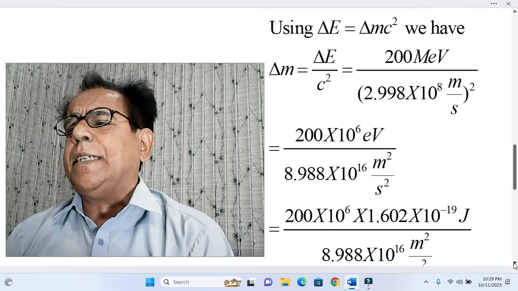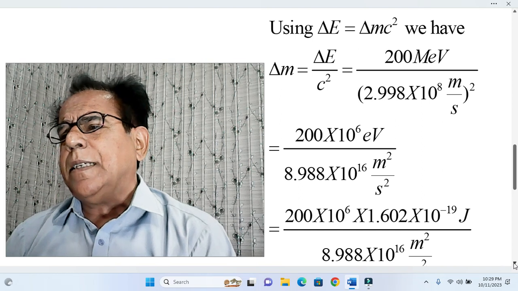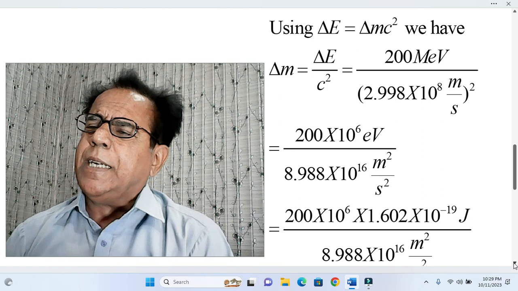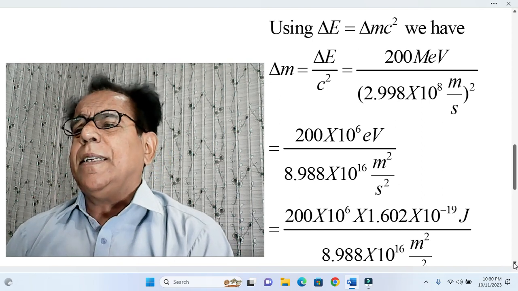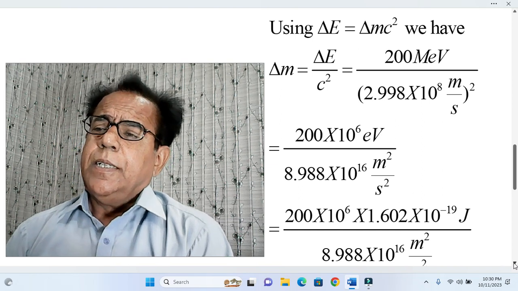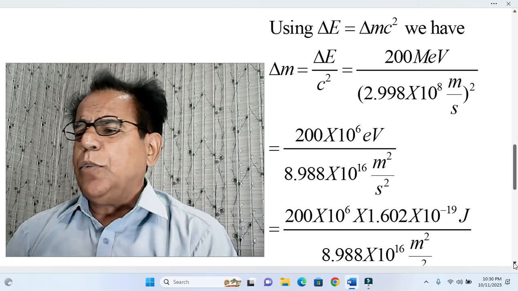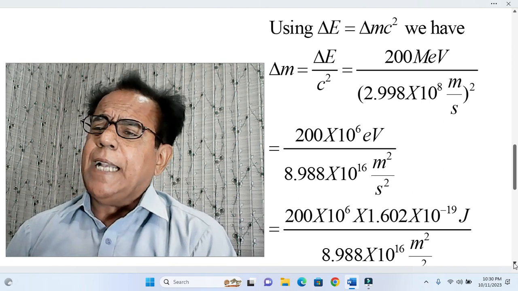Sometimes we take it as 3.0 into 10 raised to the power 8 meter per second, and sometimes 2.998 into 10 raised to the power 8. In both cases our result is almost or perhaps exactly the same. No difference.